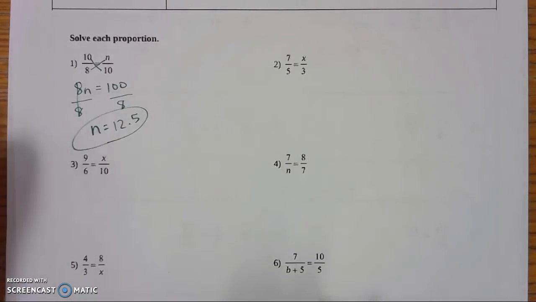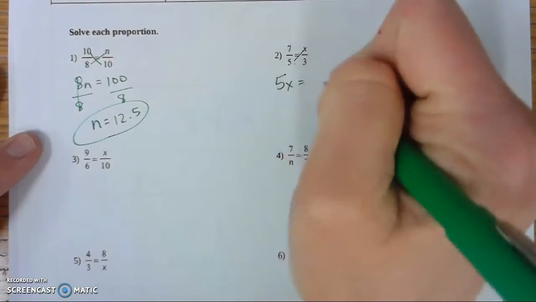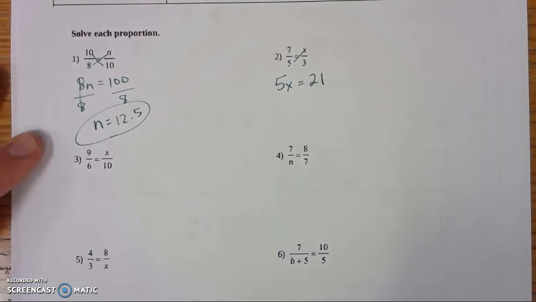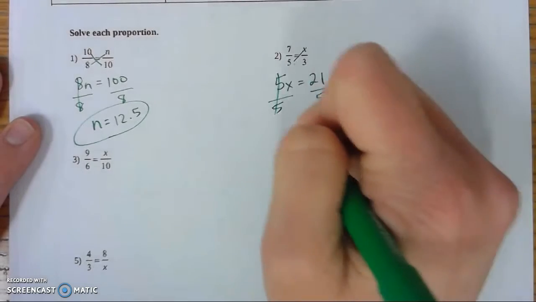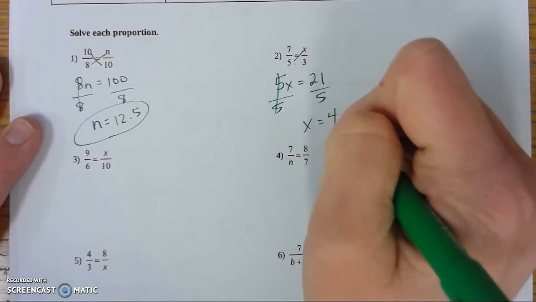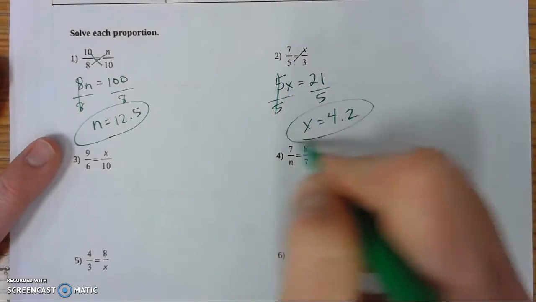Look at number 2. The cross products are 5x and 21. So 5x equals 21 because cross products are equal. Then we divide by 5, and x equals 4.2. You're going to want your calculator today because these do not all work out to nice even numbers.